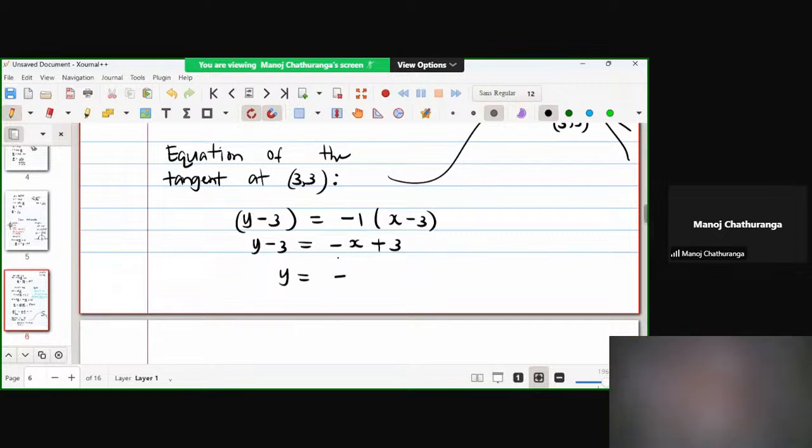So y equals negative x plus 6. That's it.